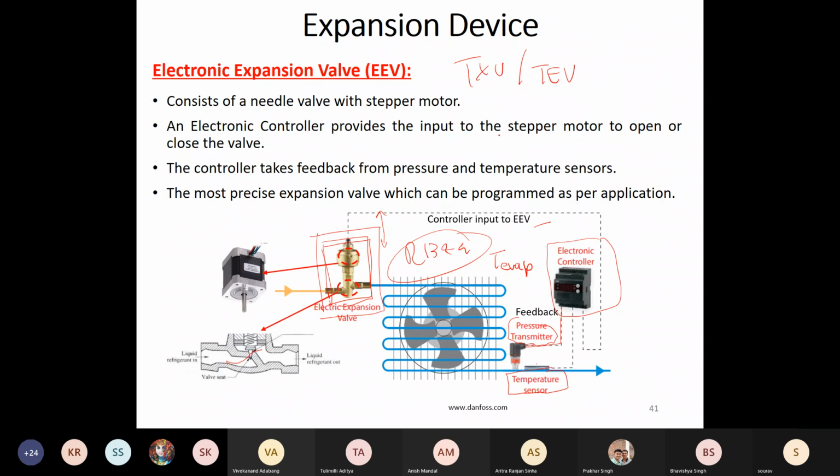This is just a brief overview of the compressors and expansion devices. Definitely within this short span, we cannot discuss all the small things about the instrumentation. There are a lot more things which one needs to discuss about the commercial systems.